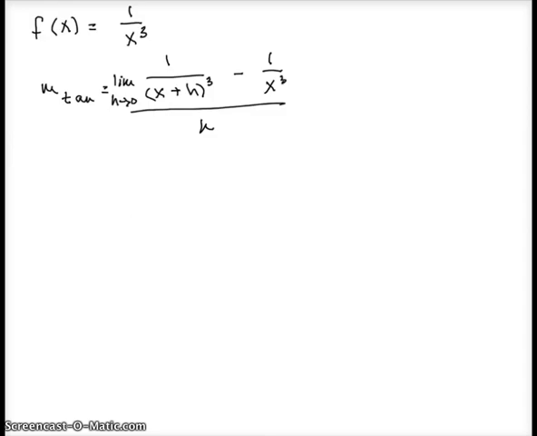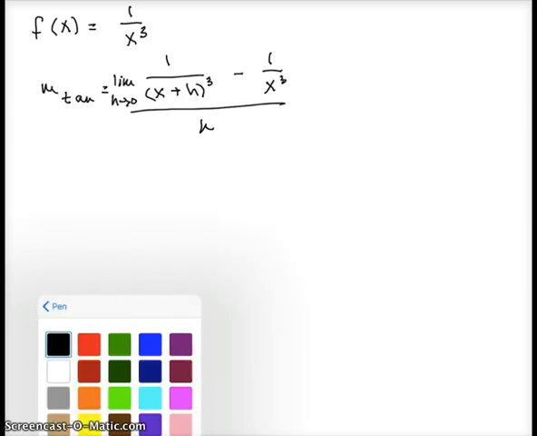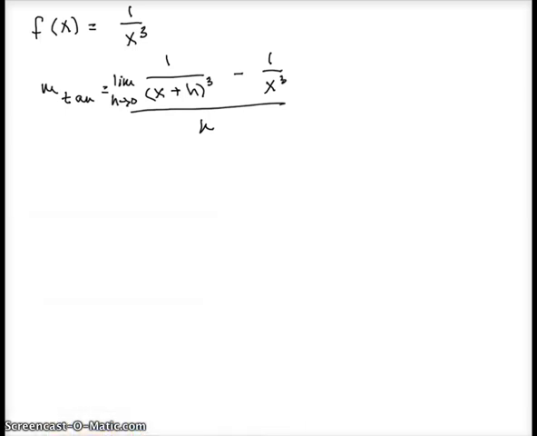So I've already completed the formula for the slope of the tangent, and now I'm going to go through the process of simplifying it. If we were to plug in 0 right now, we would end up with 1 divided by x to the 3rd minus 1 divided by x to the 3rd, which would give us 0 in the numerator.